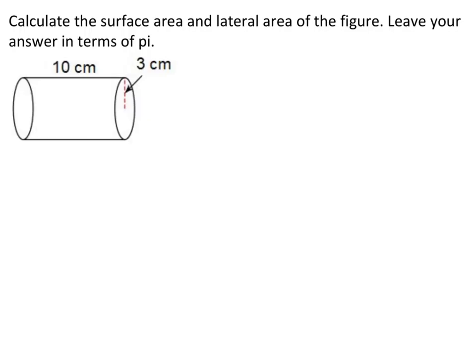Now, to calculate the surface area and lateral area of a cylinder, most of our calculations are identical to what we did with a prism, just with different shapes. First, we want to identify the base. The base is any shape other than a rectangle, so in this case our base is the two circles. To find the area of the base, redrawing it, it's a circle with a radius of 3.